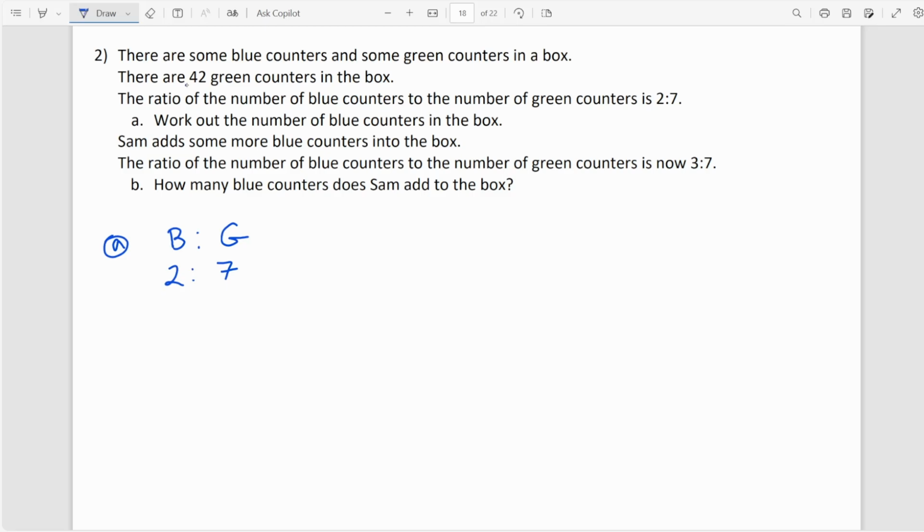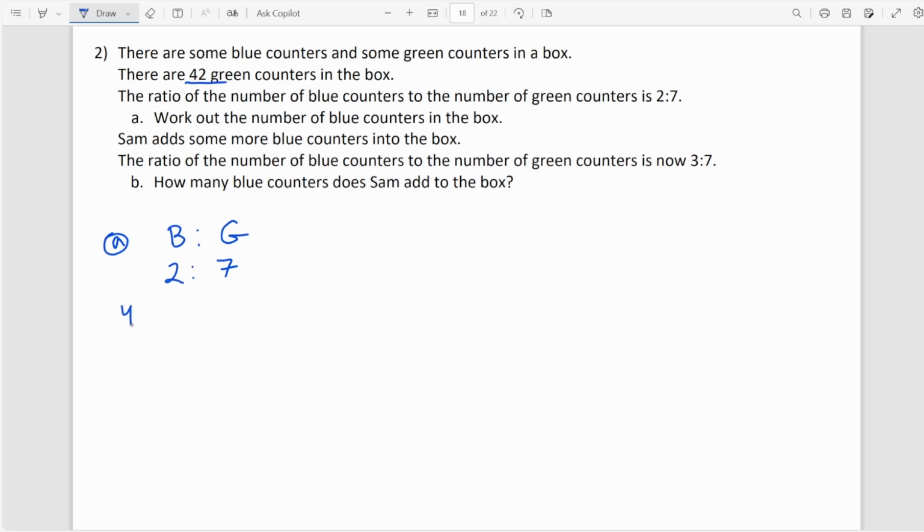And we know that there are 42 green counters. And I want to figure out the number of blue counters in the box. So I will go ahead and divide the 42 green counters by the parts for the green, which are 7.